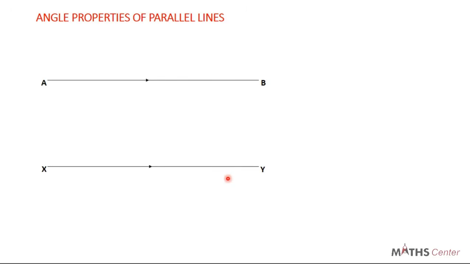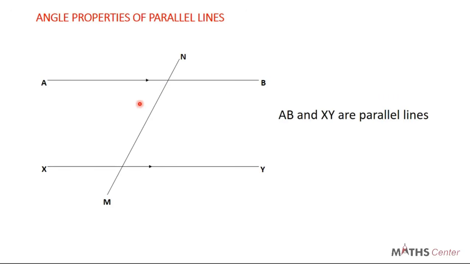Now when you have a parallel line like this, and you have another line crossing the parallel lines, you are going to form different types of angles here. Now we are going to consider the properties of these angles in this video. So we say that line AB and line XY are parallel lines, and the line crossing the parallel lines is called the transversal.